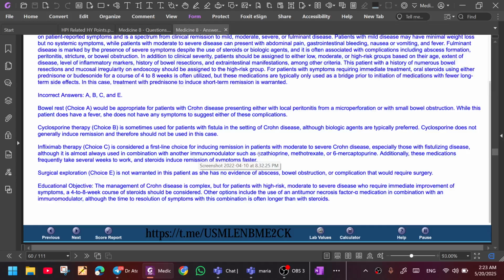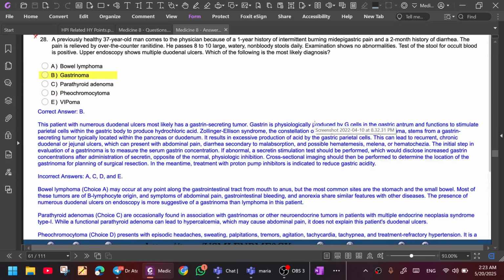Watery diarrhea, achlorhydria, what else? But that's in VIPoma, you're not going to find multiple duodenal ulcers on upper GI endoscopy. Okay, then it's gastrinoma, I guess.